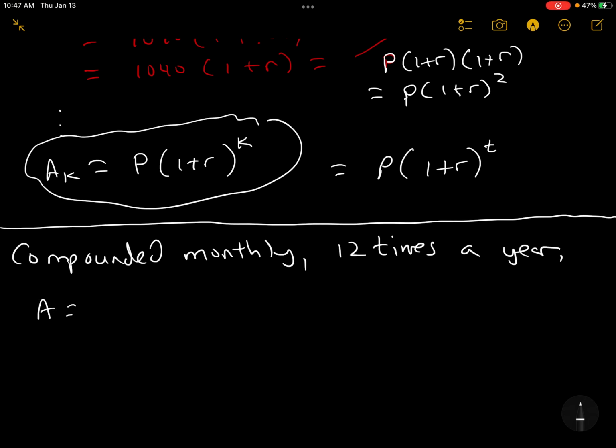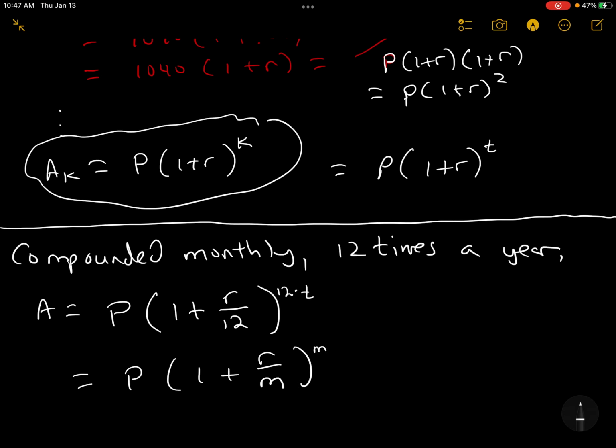So we have our principal times 1 plus the rate divided by the number of times per year, which in this case is 12. And then the number of compounding periods is 12 times the number of years. So basically we have 1 plus R over M, to the Mt power.